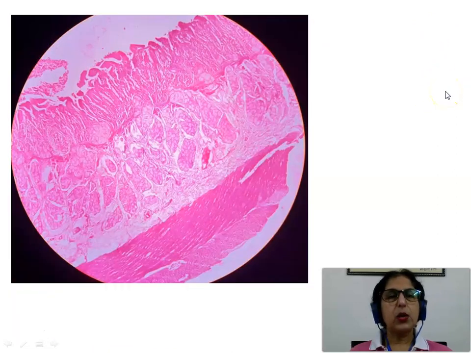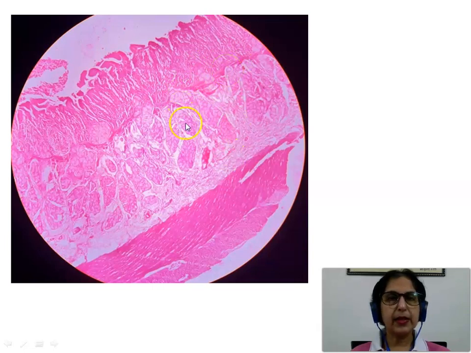What we see here is a scanner view of histology of the duodenum. Here is the mucosa, where we see villi, mucosal projections, tongue-shaped villi, and in the lower part the crypts of Lieberkühn. Here is the muscularis mucosae.